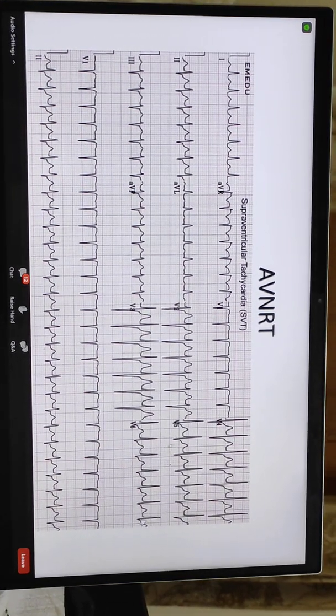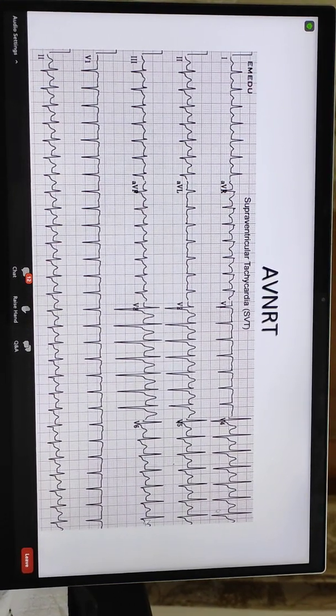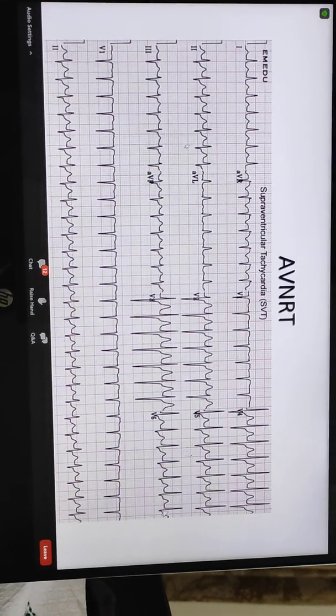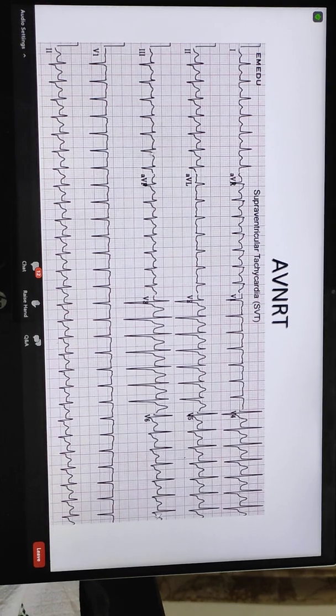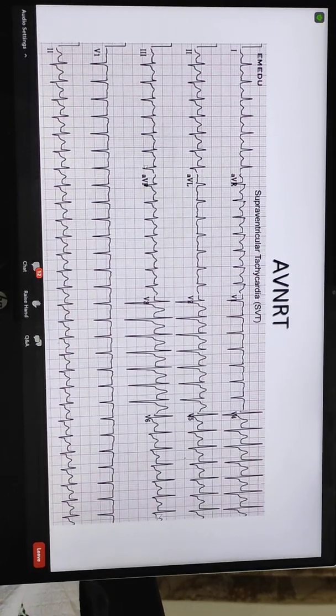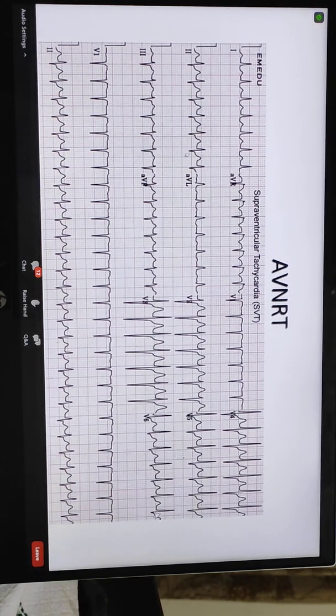It is a tachycardia first, a narrow QRS tachycardia next, and then a regular tachycardia. Carefully see the ST segment in the inferior leads. There is no distortion of the ST segment in this ECG. There is no P wave in front, there is no P wave at the back.